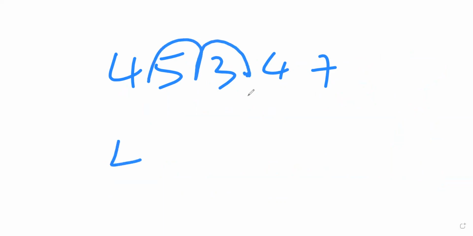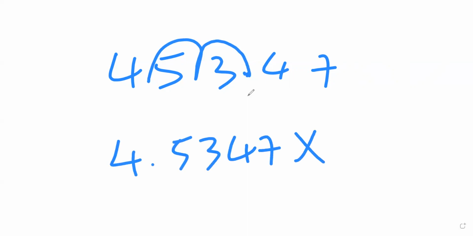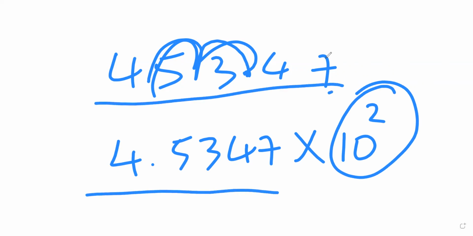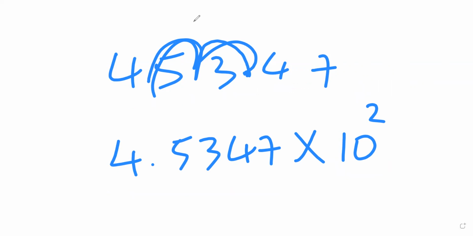And so our final answer will be 4.5347 times 10 raised to how many places? 1, 2, raised to the 2nd power. If I were to convert this by multiplying 100 times this, it would give me back that. You could actually try that in your spare time. All right, so all we're doing is taking the decimal point and shifting it to between the first and the second number.